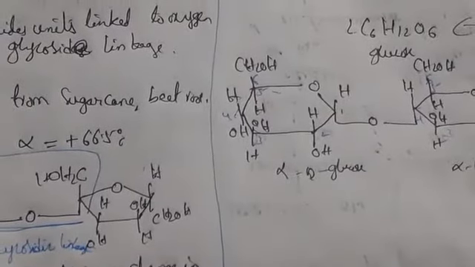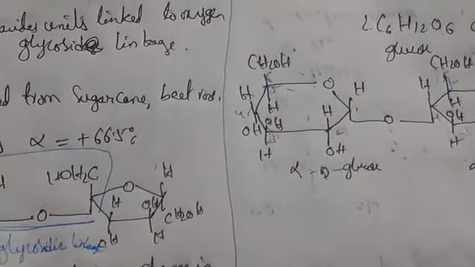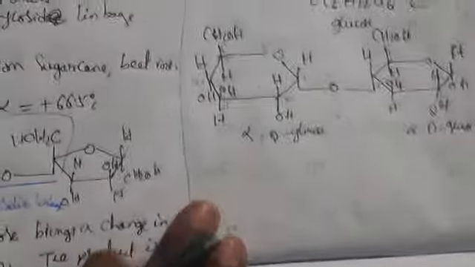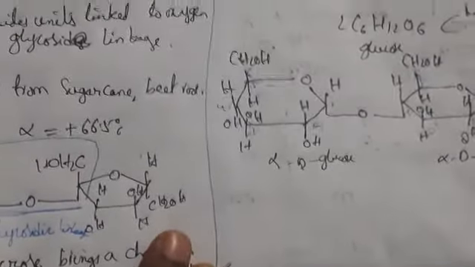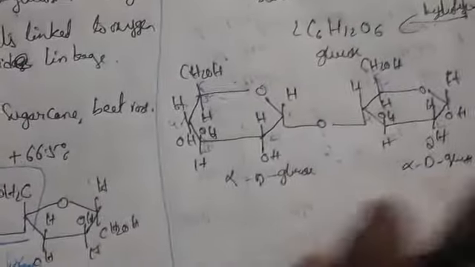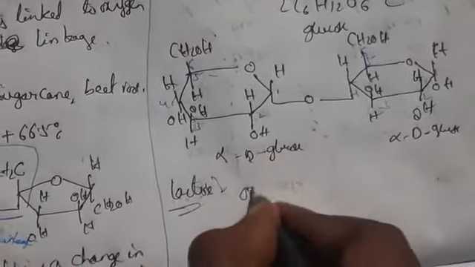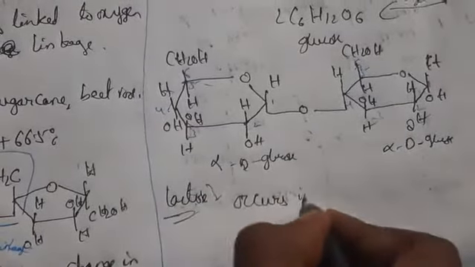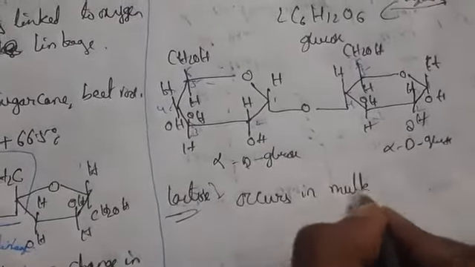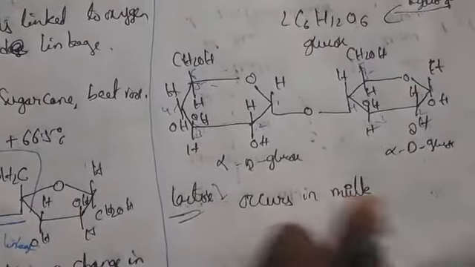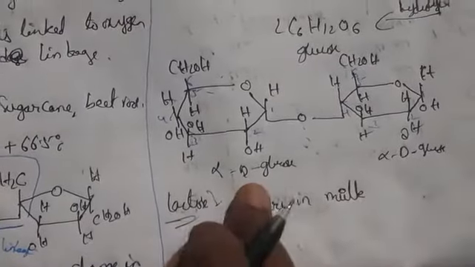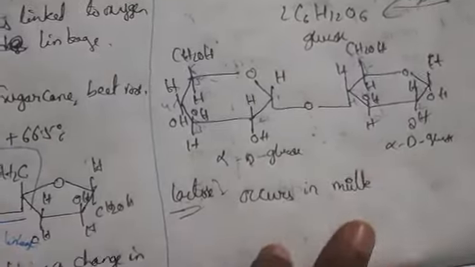Next, coming to lactose. Lactose occurs mainly in milk, and it is also called milk sugar, because lactose is the main carbohydrate present in milk.